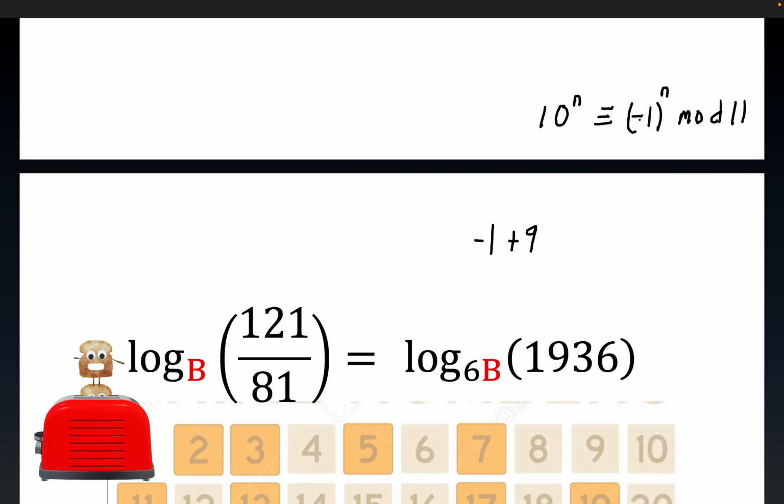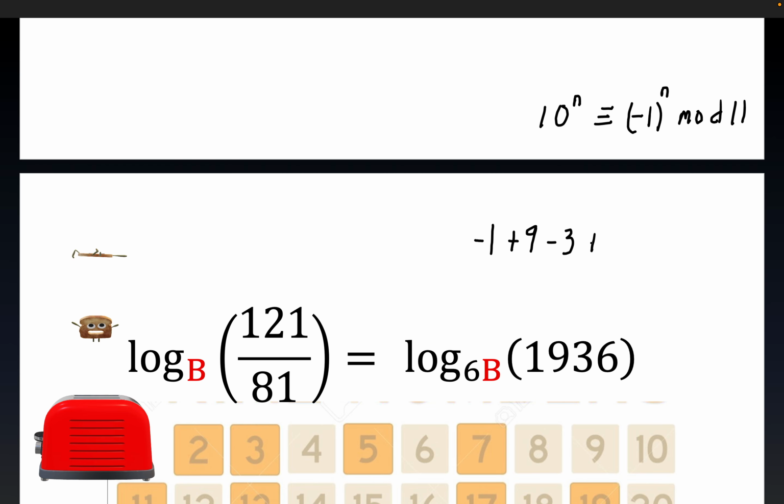And so that's what's going on with these odd and even powers. There's a sign alternation going on right here. Since this is the 1 times 10 cubed, you have a minus 1 here. This is 9 times 10 squared, so you have a 9 here, and then you alternate. And what do we end up with here, folks?